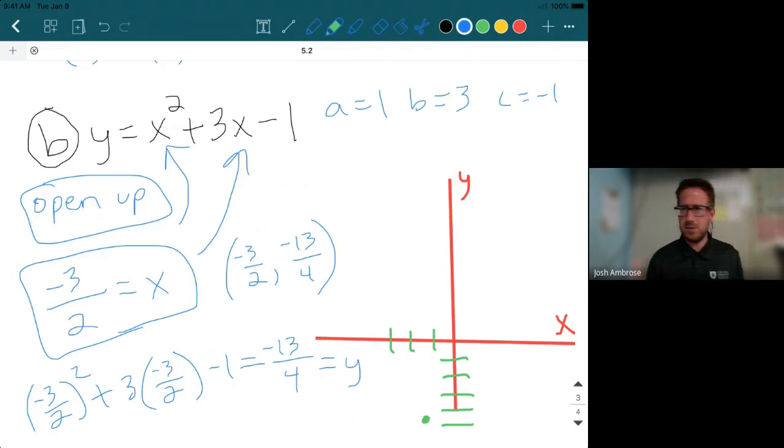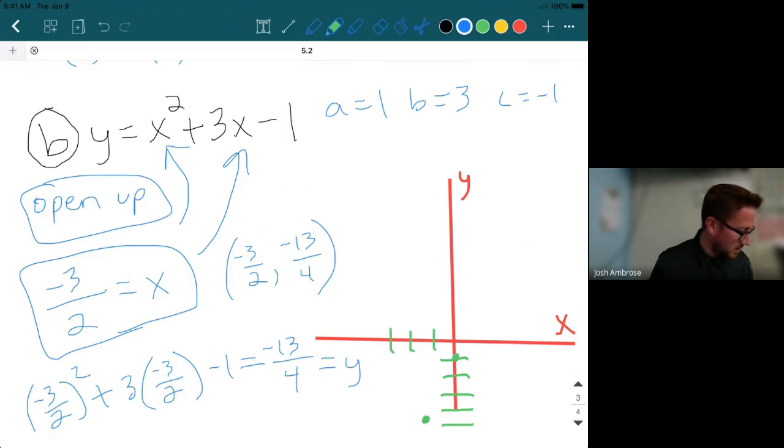It's at -3 over 2. I think that's perfect. Nope, it's at -1. Yep, a lot more accurate there. So -1 is where we're crossing the y-axis. So right there is where we're crossing the y-axis.